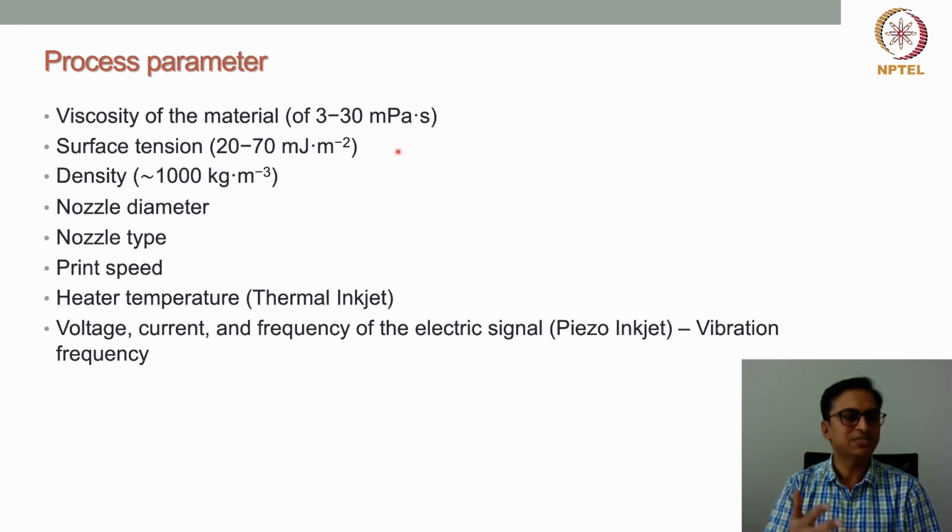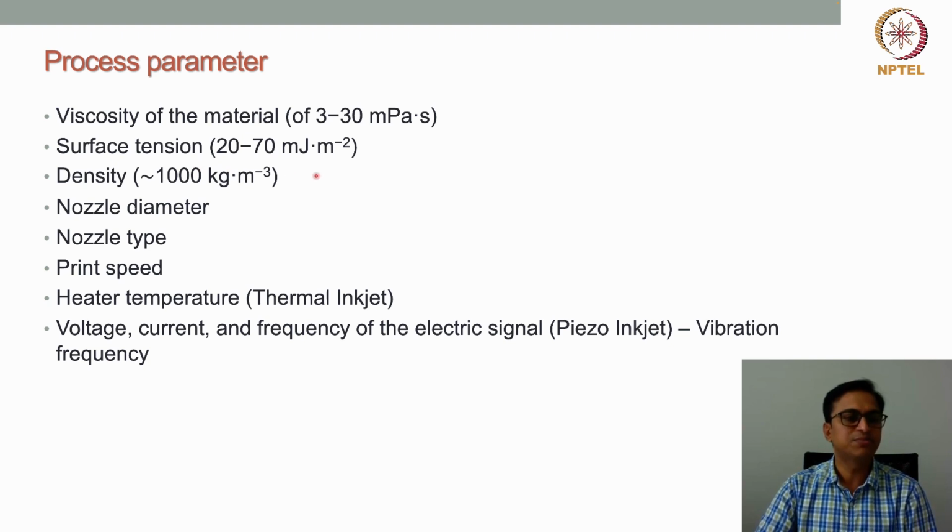So whenever there is a pressure pulse, only at that time the material or the droplets come out. Before that the droplets generally don't come out. So surface tension plays a big role here, and the surface tension should be in the range between 20 to 70 millijoule per meter square. So material in this range of surface tension we can definitely use.